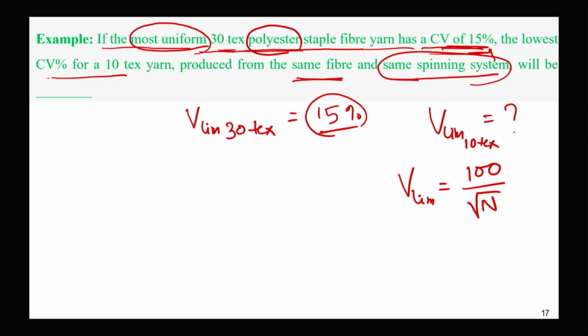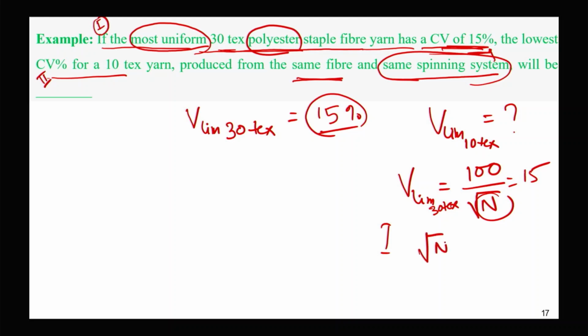So first, this is condition 1 and then condition 2. With condition 1, this limit CV is 15. Let us calculate the number of fibers in 30 tex.